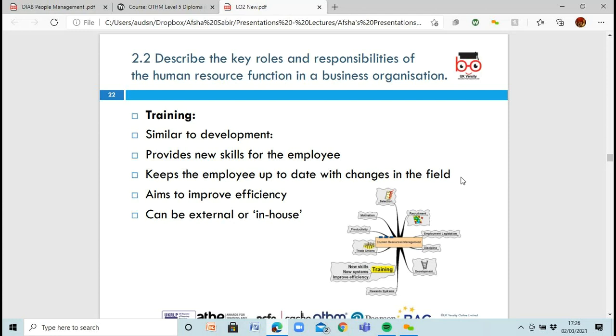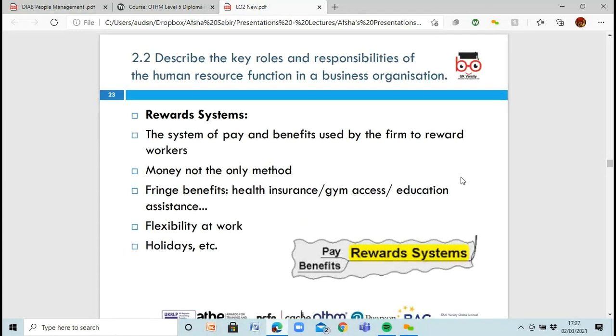It helps your efficiency, and it can be done in-house or externally. So you might have somebody coming in to train you, or you might have a manager that's gone for a certain training, they've understood it, now they know what to do, and they're doing the training with the other members of staff. Or you might go out to a conference or a training center, and they'll work it out for you.